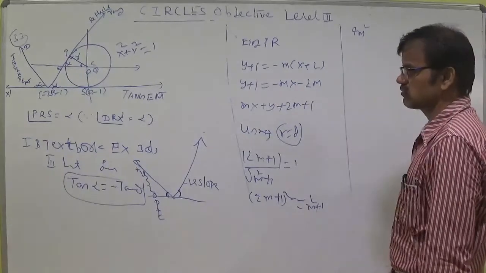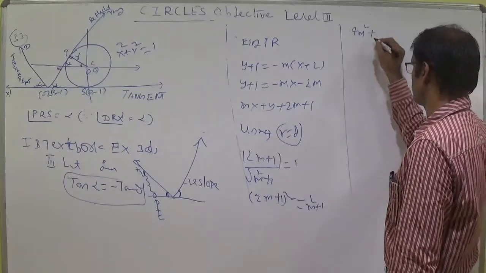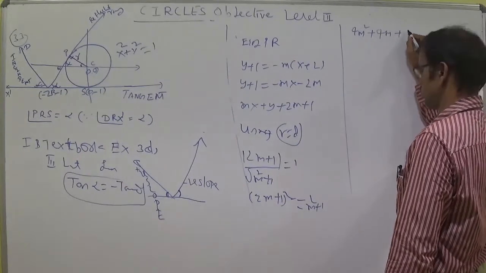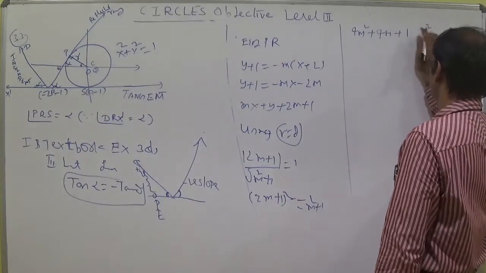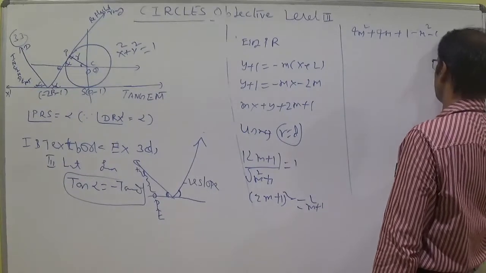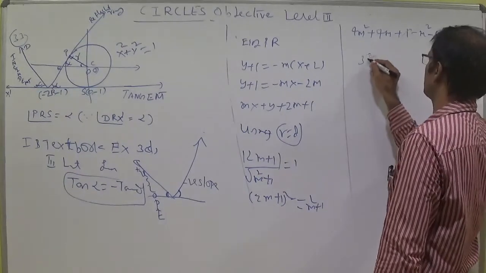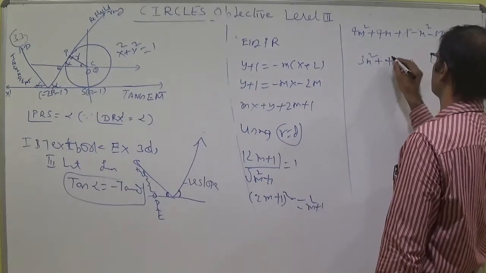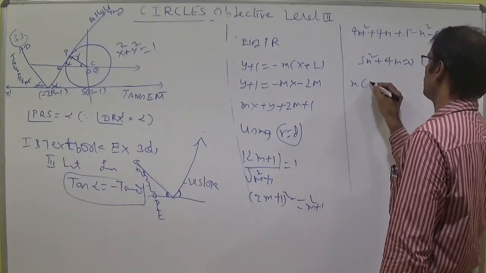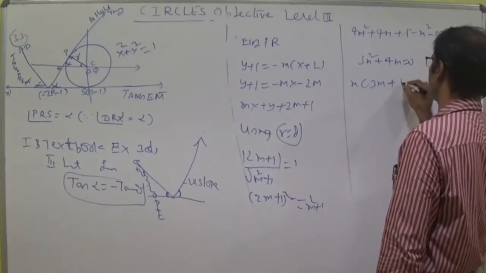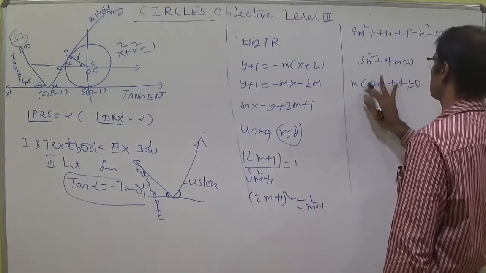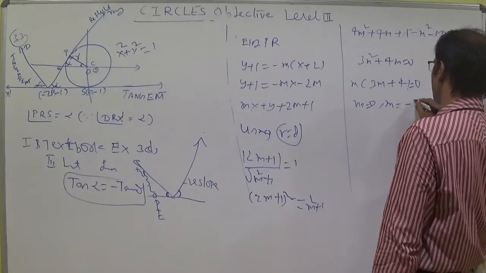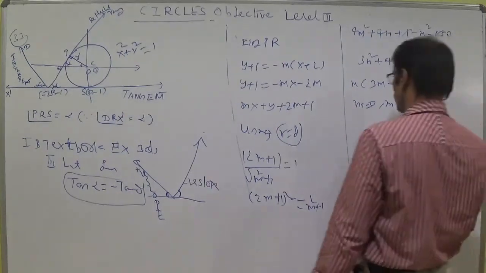You see exercise 1C of the IB textbook to get the negative slope concept. 4m square plus 4m plus 1 minus m square minus 1 equal to 0, 1 gets cancelled. 3m square plus 4m equal to 0. Taking m common, m into 3m plus 4, so m is equal to 0, m is equal to minus 4 by 3.